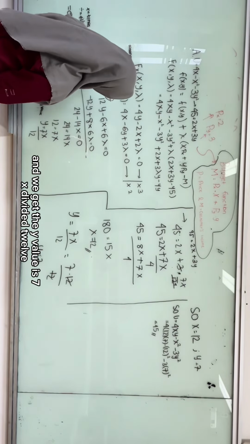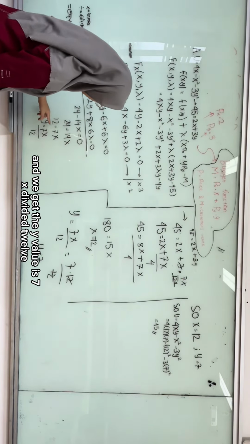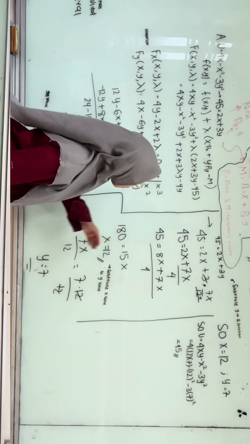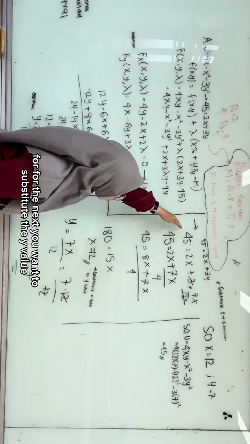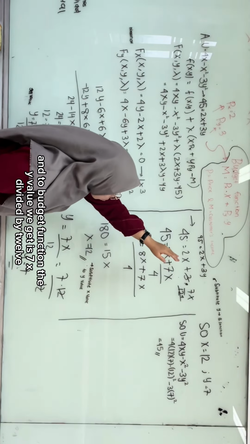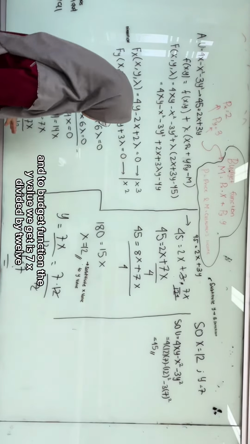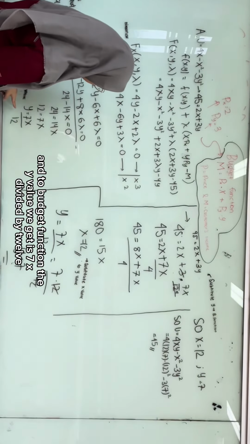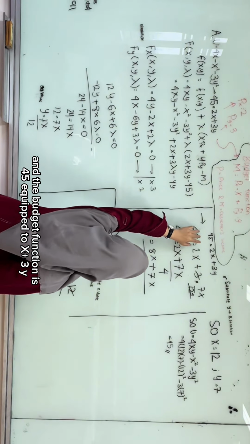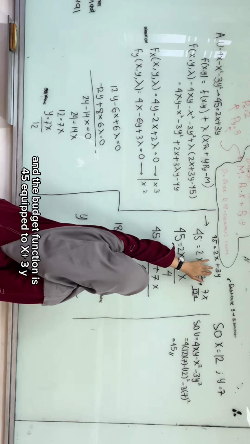And we get the y value is 7x divided by 12. Next, we substitute the y value into the budget function. The y value is 7x divided by 12, and the budget function is 45 equals 2x plus 3y.